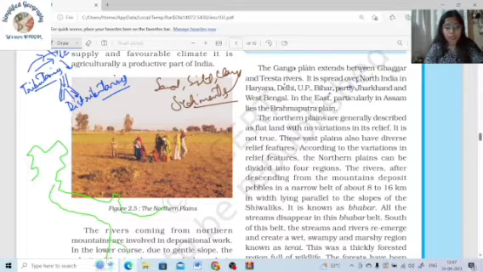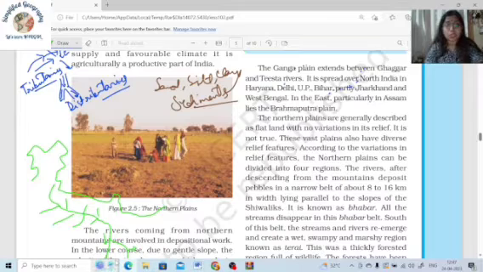From Farakka there is another branch from Dhulian that enters Bangladesh as the Padma. There are several right bank and left bank channels also. So this is the Ganga river. It covers northern India, Haryana, Delhi, UP, Bihar, partly Jharkhand and West Bengal.